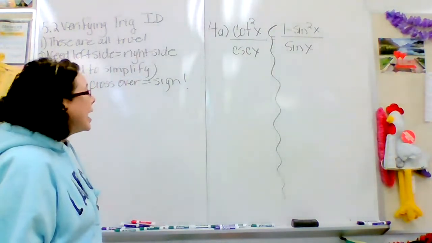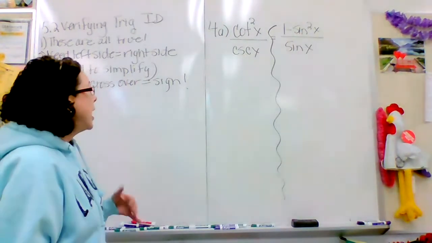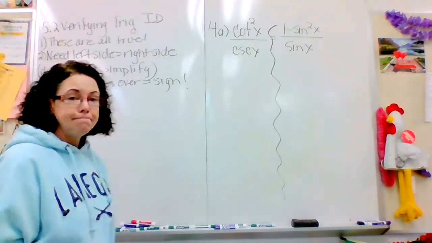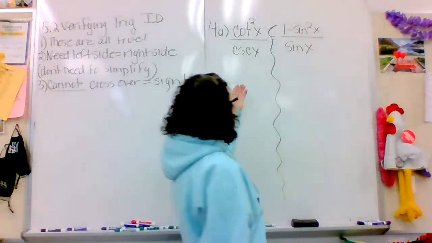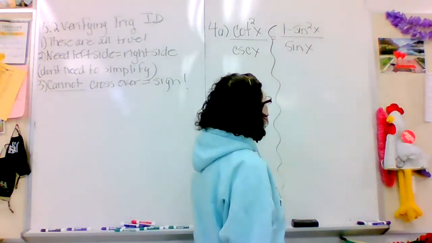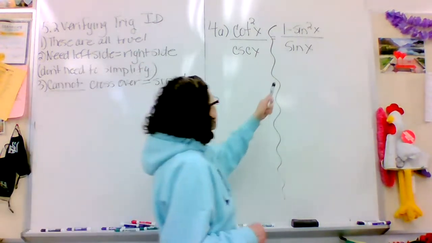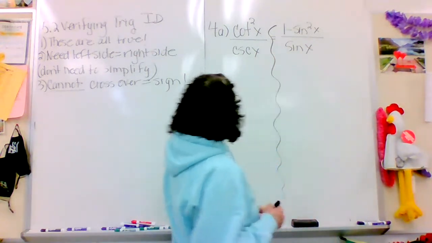First of all, I see a lot of different trig functions going on. I have cotangent, I have cosecant, I have 1 minus sine squared, and I have sine, okay? I don't see any algebra, well, I do see a little bit I can do here and here. Just so you know, there's a couple ways to go. Could I split the right-hand side up into 1 over sine minus sine squared over sine and reduce?